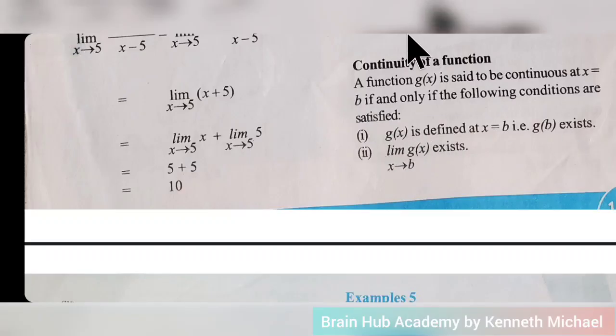Then for a function to be continuous, the limit of this function as x turns to b also has to exist. So the function g of x has to exist, and its limit also has to exist as x turns to b. Now let's look at it very well.